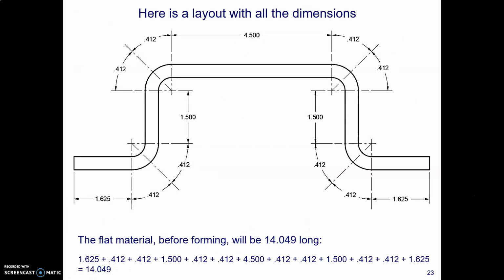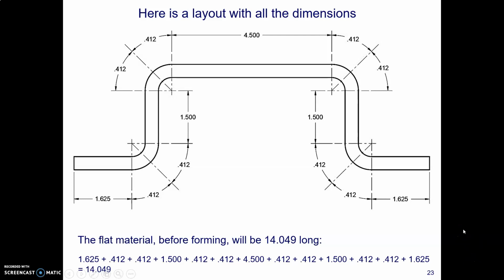So here is a CAD layout with all these numbers strung together. The straight part, those 0.412 bends, the straight part, bends, and so on and so forth. I've just strung them all the way around my drawing here. And then if you add up all these numbers, which I did at the bottom here, they add up to 14.049.